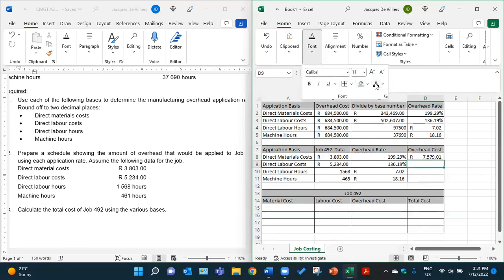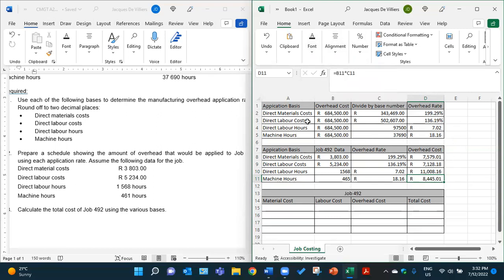It is 7,128 in so far as the overheads are absorbed into the direct labor cost. It is just over 11,000 if I use direct labor hours as the basis, and if I use machine hours as the basis, it is 8,445 Rand.